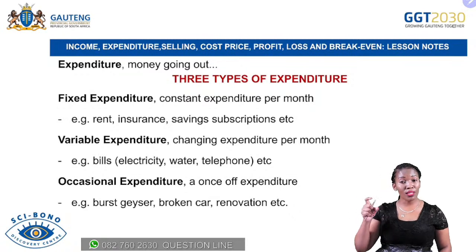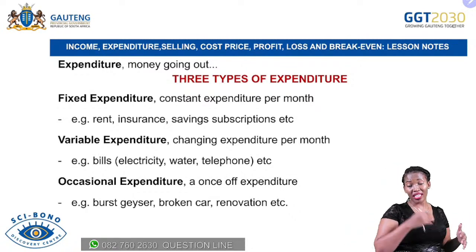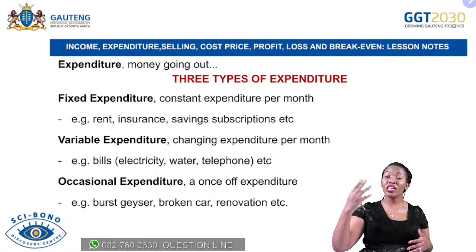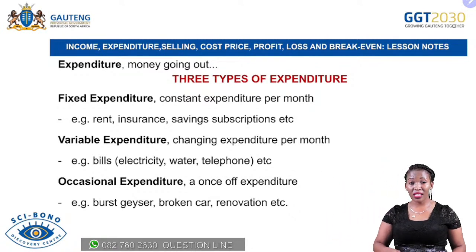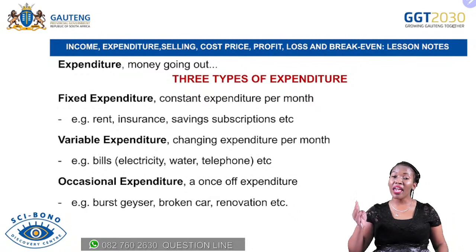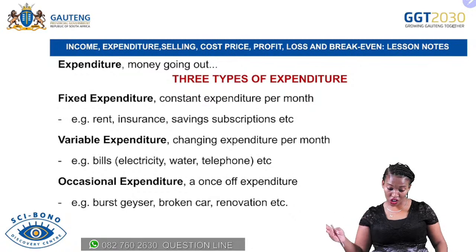So that 4,000 rand, because I'm going to pay it every single month, doesn't change unless after a certain period the landlord decides that he increases the rates. But until then, the money that I pay, the 4,000, is going to stay the same every single month. It's not going to change.